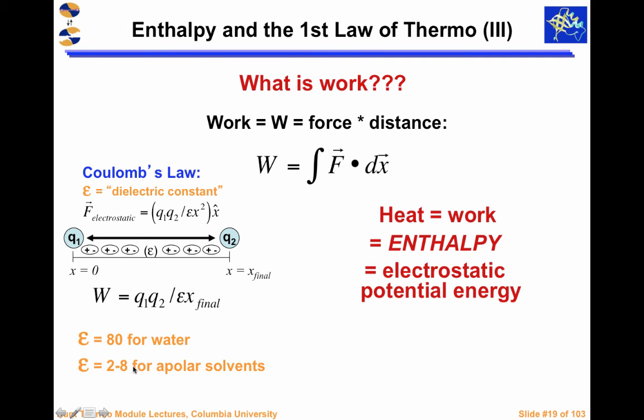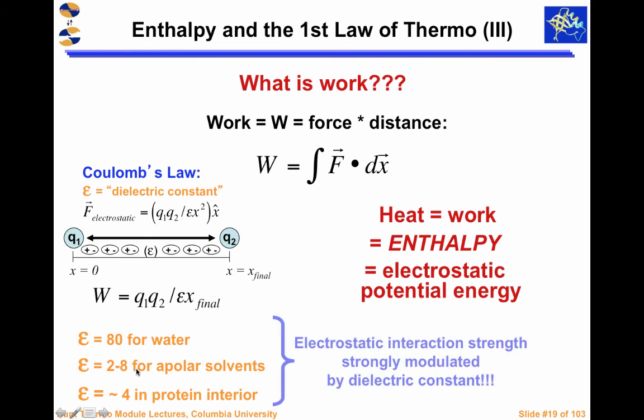In the interior of a protein, many people model that as having an approximate dielectric constant of 2 to 8, which is roughly matching that of an apolar solvent. And so a reasonable value for the protein interior is about 4, which again is in the range for apolar solvents.